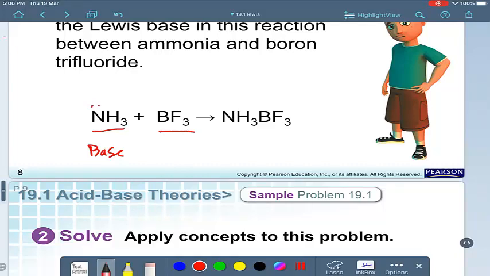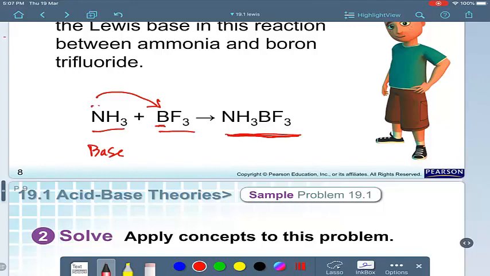And the base is a substance that donates a pair of electrons. It happens for this example. It will give this unshared pair of electrons to the boron in boron trifluoride. And they will form a bond between them, and there will be an NH3BF3 compound.